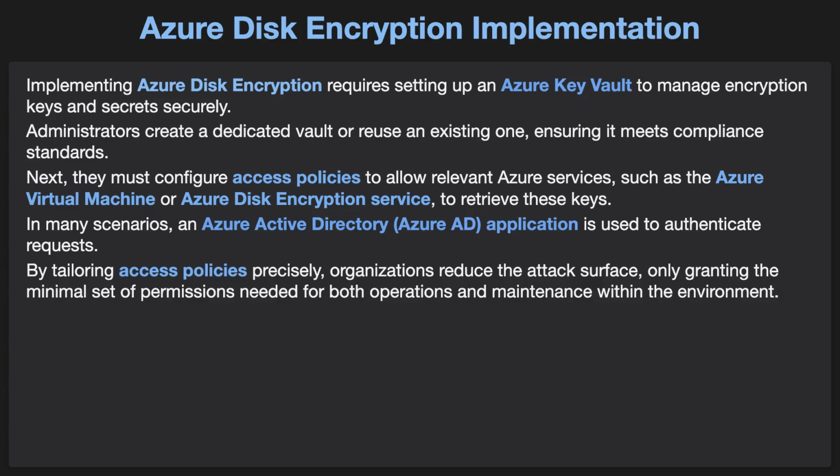In many scenarios, an Azure Active Directory (Azure AD) application is used to authenticate requests. By tailoring access policies precisely, organizations reduce the attack surface, only granting the minimal set of permissions needed for both operations and maintenance within the environment.